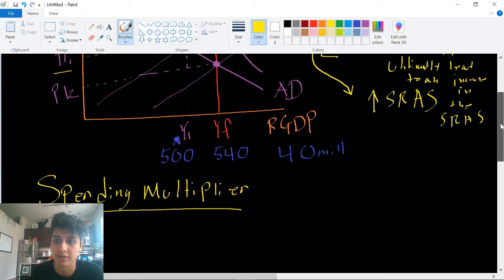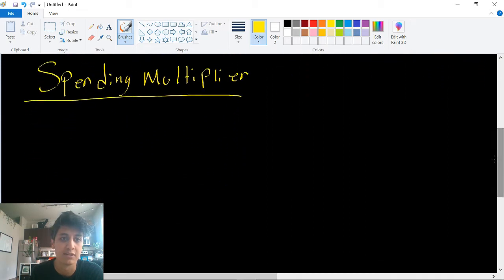It's kind of interesting, and let's take a look at this formula. The formula is going to be, what color? Let's do a good old, this one. It's going to be 1 over the marginal propensity to save, right? That's going to be the spending multiplier.